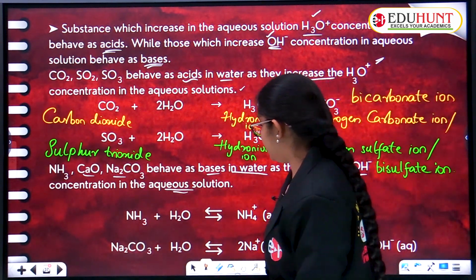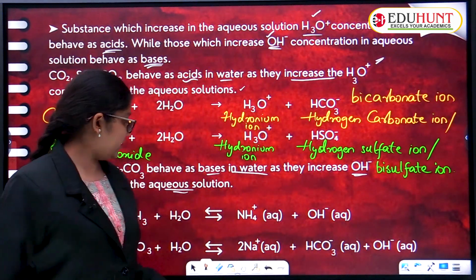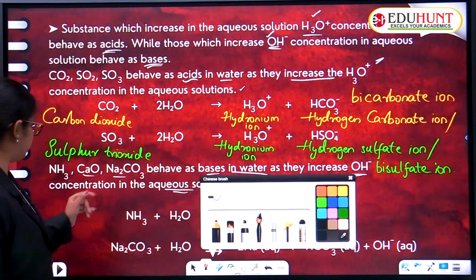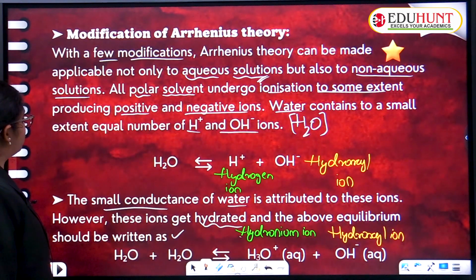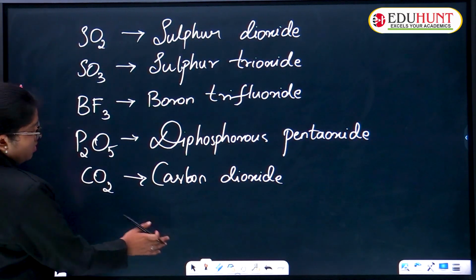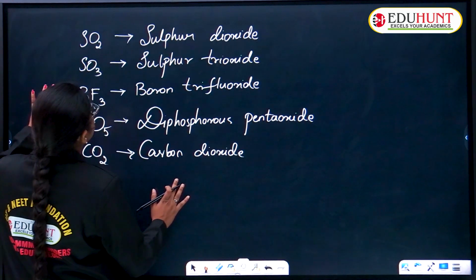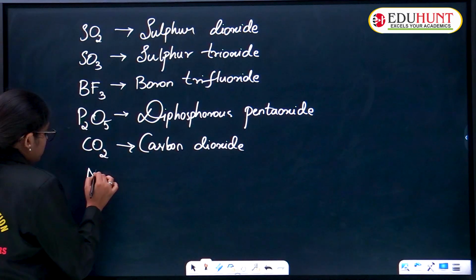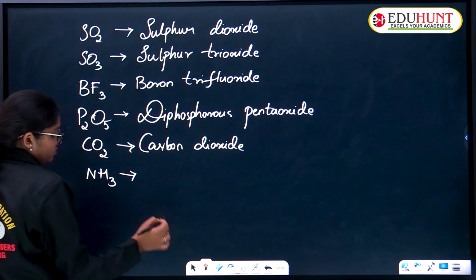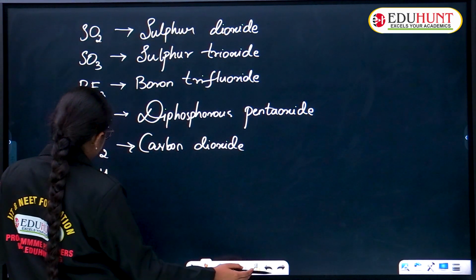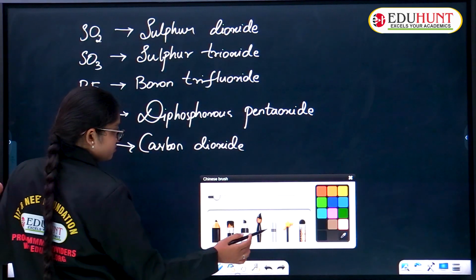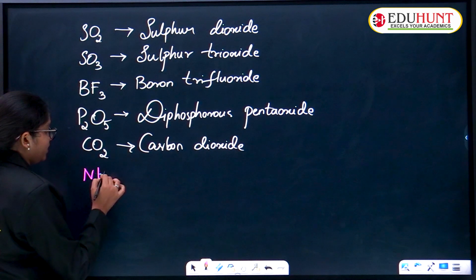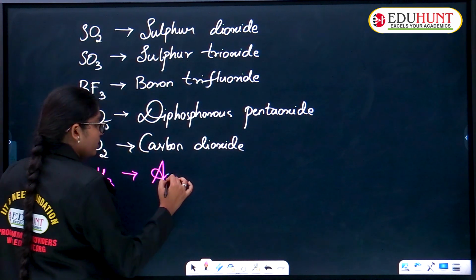Okay. Here the name of NH3, I'll write the names over here for you, children. Okay, so NH3 is ammonia.